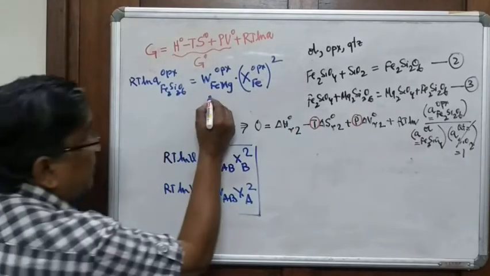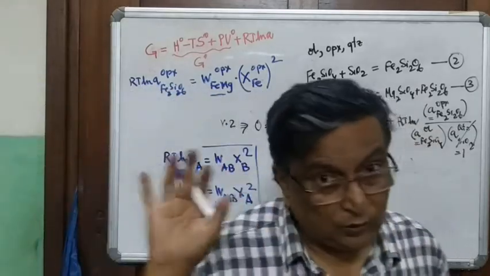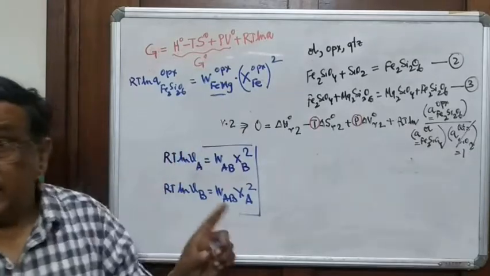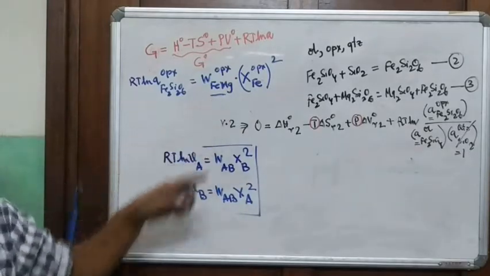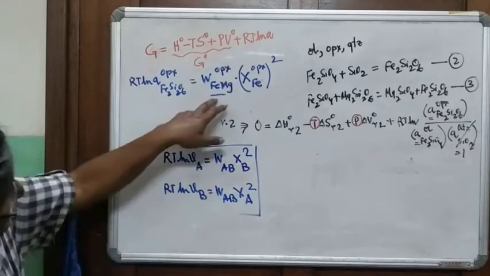Remember, you know the W Fe-Mg value. These are all thermodynamic parameters that need to be known. Gibbs phase rule does not care whether you could find W Fe-Mg or not. It will consider it as found.